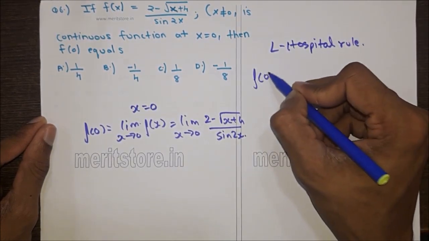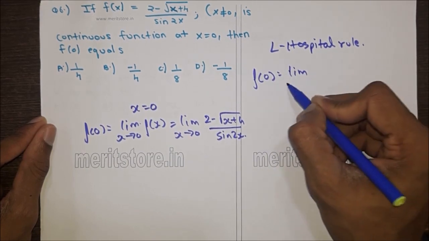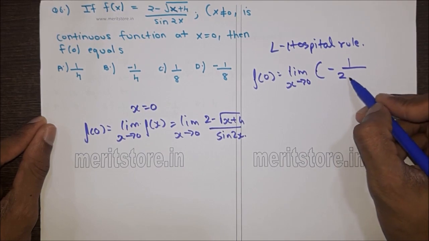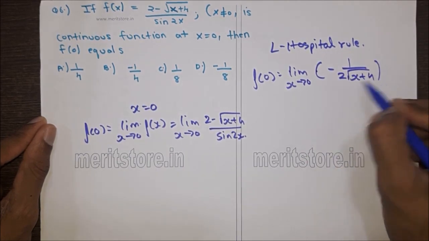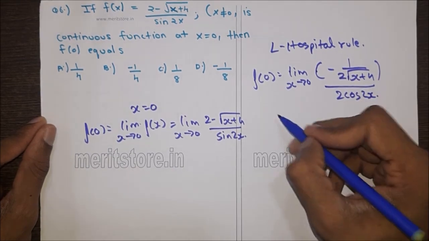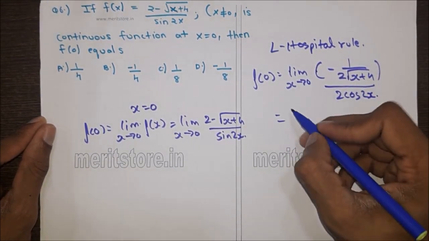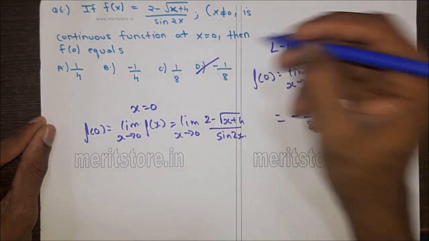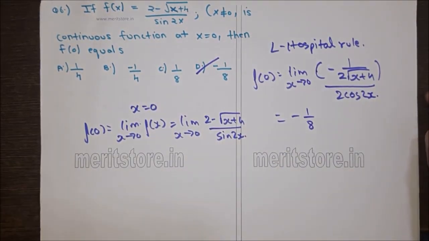We can write f(0) equal to the limit as x approaches 0 of (-1/(2√(x+4)))/(2 cos 2x). On solving, we get -1/8, which is our answer and matches with option D. Therefore, D is the correct answer.